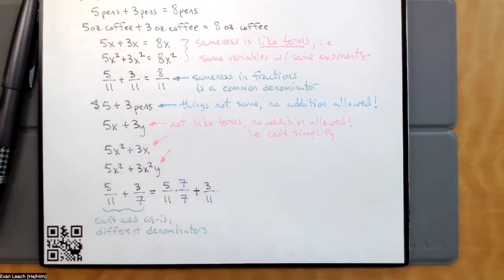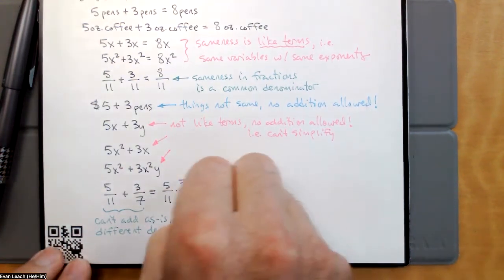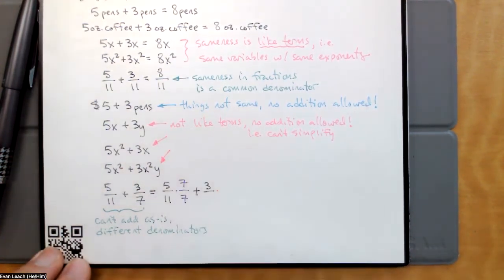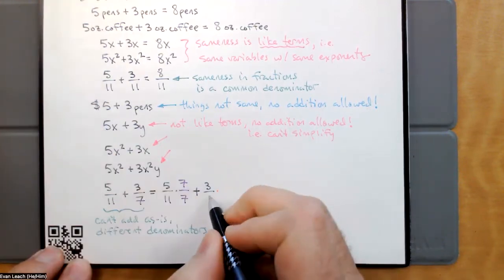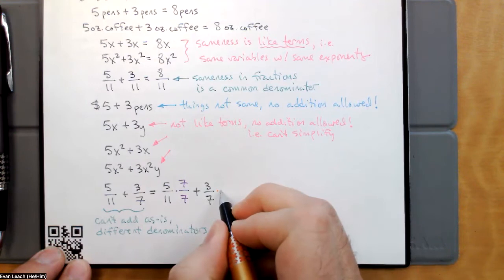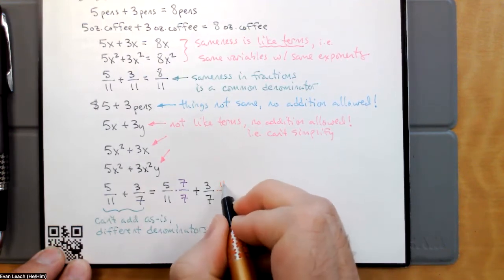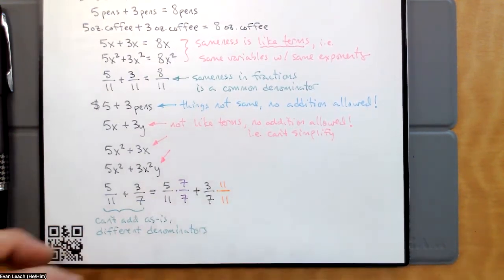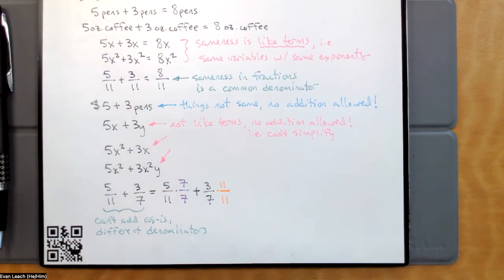I spelled 7 wrong. So I'm just going to convert from dollars to euro.